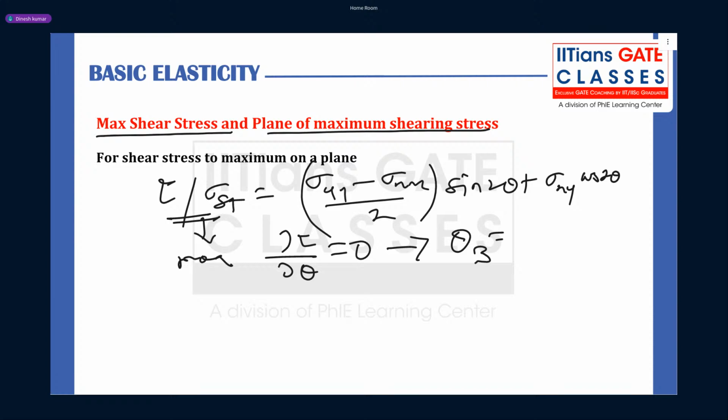Usually theta 3 is minus 1 by 2 tan inverse of sigma x minus sigma y by 2 tau xy. So this is the formula for the plane of maximum shear stress, minus 1 by 2 tan inverse sigma x minus sigma y upon 2 tau xy.